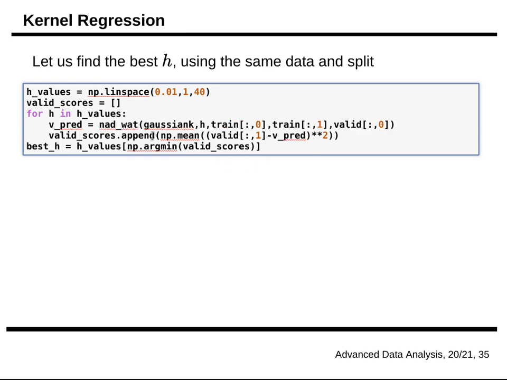And then I can pick out the best one just by using the smallest value in this list. So this list has all the scores in order. I use argmin from NumPy to get the index of the minimum value in this list. And then I pick the value for h that has the same index.